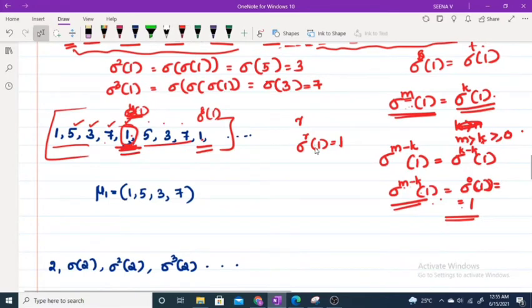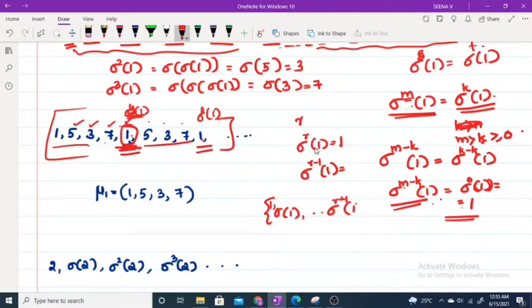So what about sigma raised to r minus 1 of 1? If you consider 1, sigma of 1, etc., up to sigma raised to r minus 1 of 1, clearly these elements are distinct. In this case, if you consider 1, 5, 3, 7, clearly these are distinct. The repetition happens when r is equal to 4.